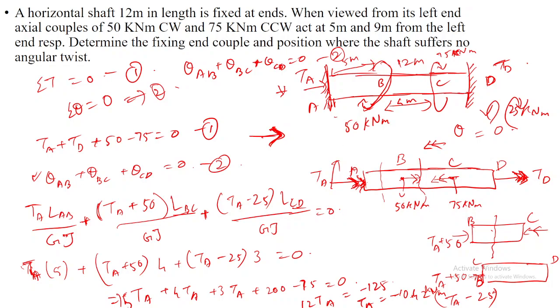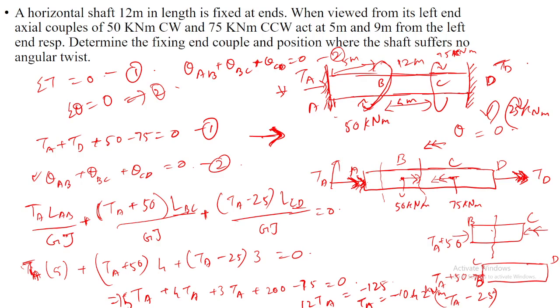Yes, the assumed direction is not the correct direction; it is in the opposite direction. So after finding TA, minus 10.42, I have to substitute it in the first equation: minus 10.42 plus 50 minus 75 plus TD equals 0.